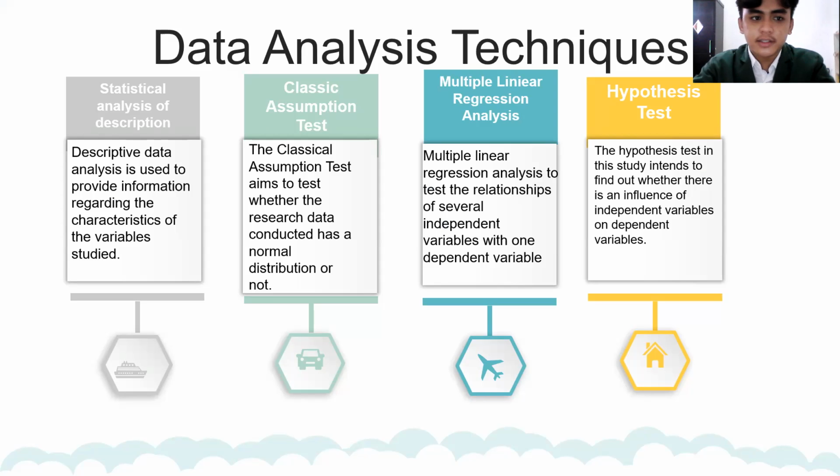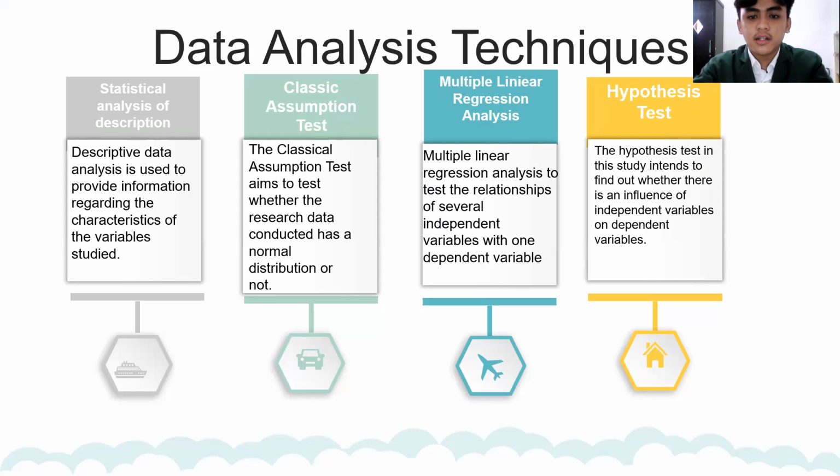Data analysis techniques. I'm using 4. First, statistical analysis of description. This description data analysis is used to provide information regarding the characteristics of the study variables. 2, classic assumption test. The classical assumption test aims to test whether the research data has a normal distribution or not. 3, multiple linear regression analysis.